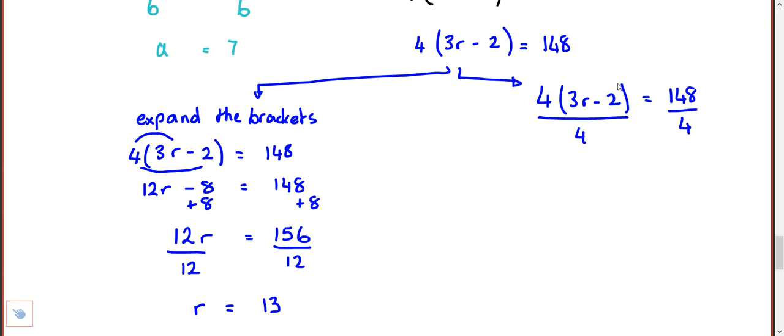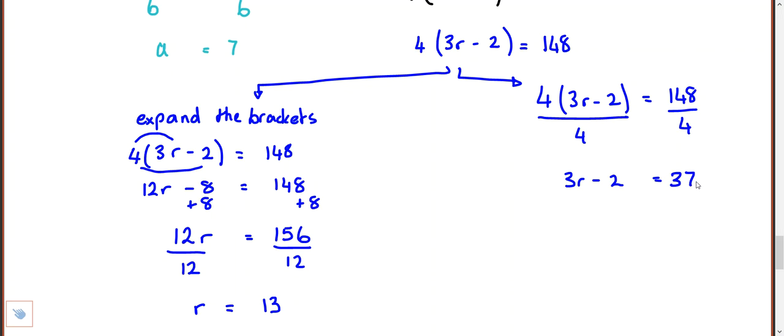That leaves me with just 3r minus 2, and 148 divided by 4 is? I think it was 37. Yeah, 37.